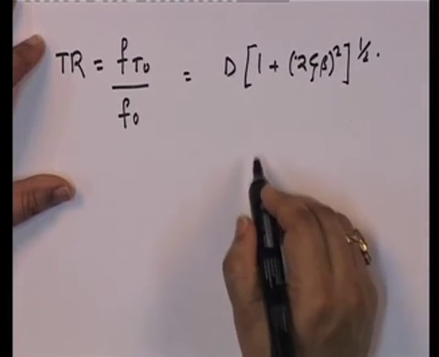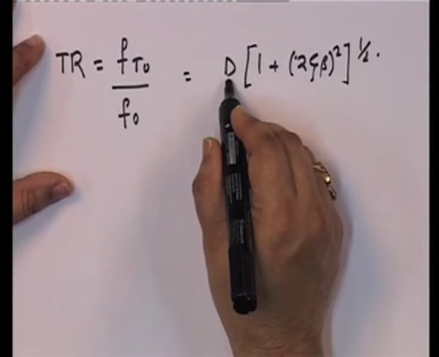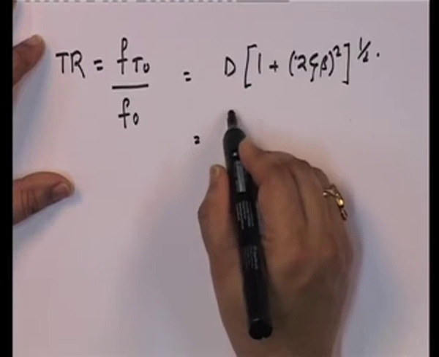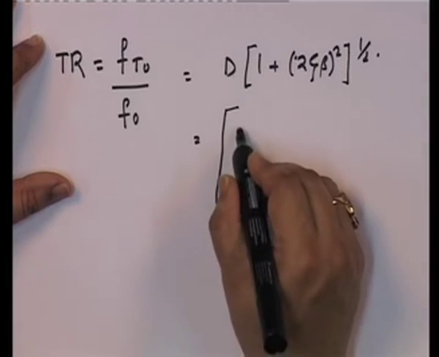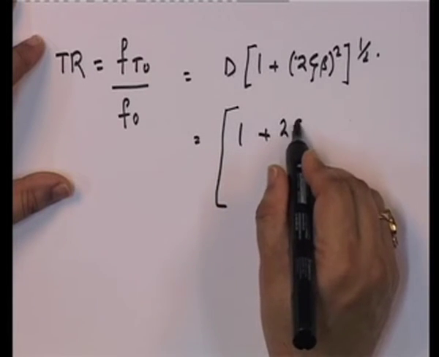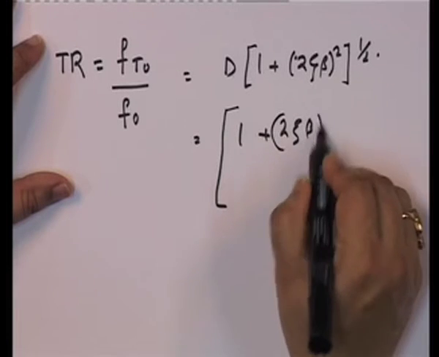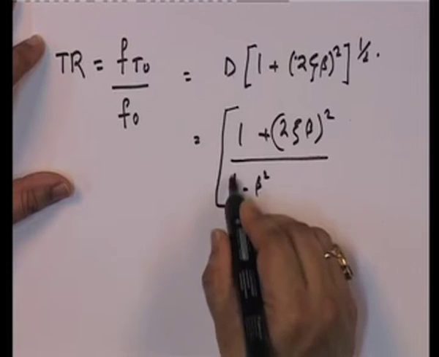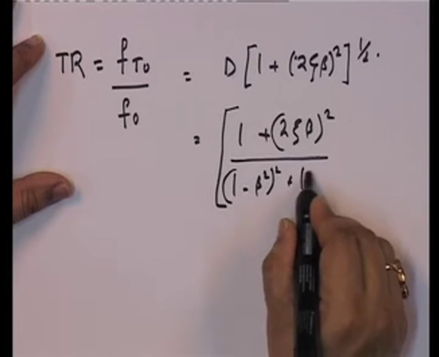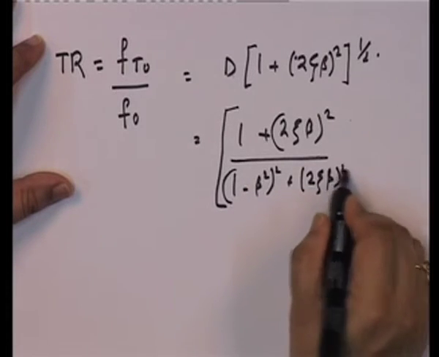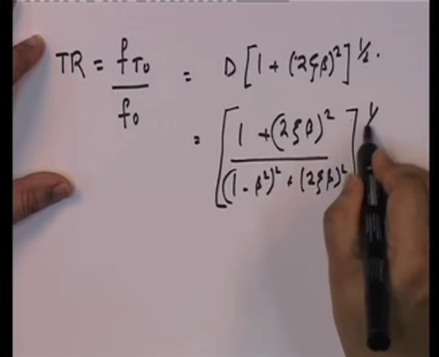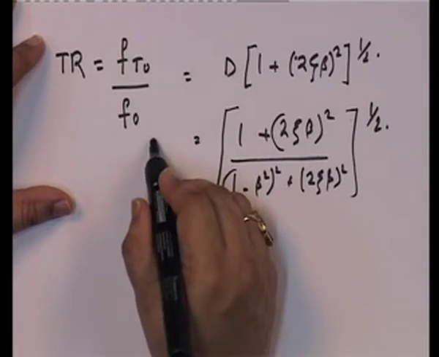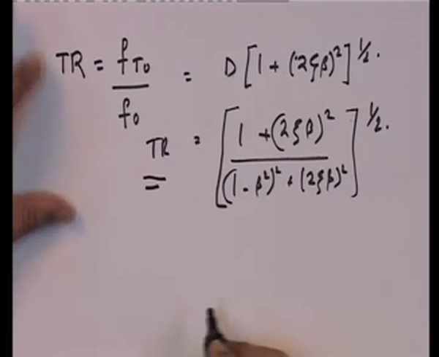Incorporating d inside, the transmissibility ratio essentially becomes the square root of 1 plus 2 xi beta the whole squared upon 1 minus beta squared the whole squared plus 2 xi beta the whole squared. This becomes the transmissibility ratio.